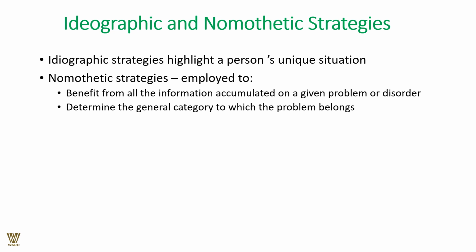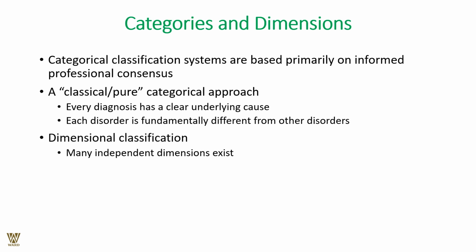Similar kinds of people with a similar kind of syndrome will have similar kinds of treatments, and that's nomothetic. It's more problem centric, but idiographic is person centric. In nomothetic, we need to understand the problem and generalize it, and then come up with a solution.